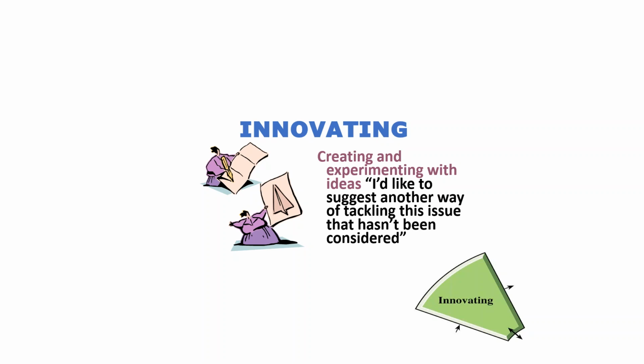But the innovators are always looking at new and better and faster and easier ways of doing things. Whether they contribute that or not at a team meeting will pretty much depend on their level of comfort. Okay? So once we've got the right information, we've got to work out how we're going to resolve the problem. And so we've got to toss around some ideas, and that's where the innovators come into play.